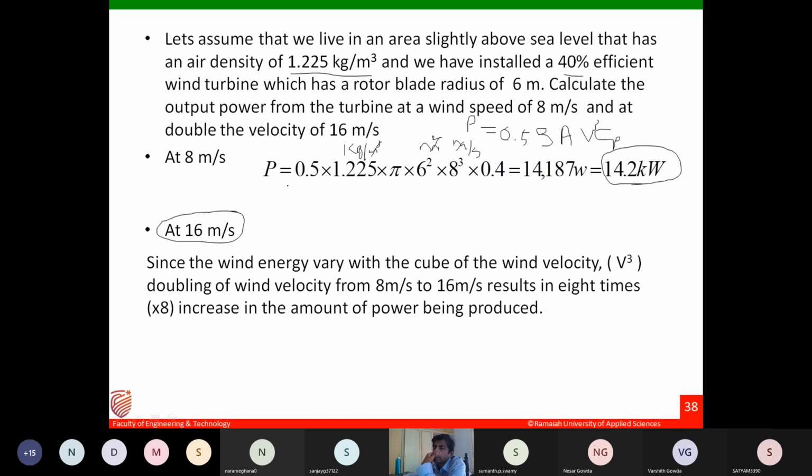Can anybody tell what is the power? Can somebody tell me what is the power, guys? Alex and others?